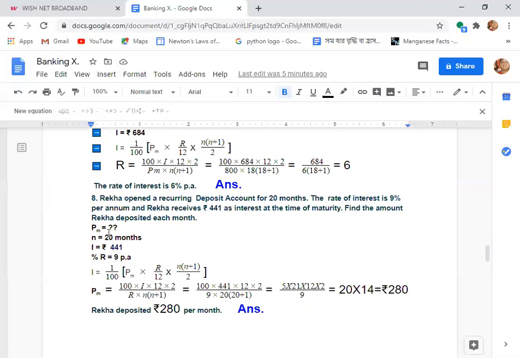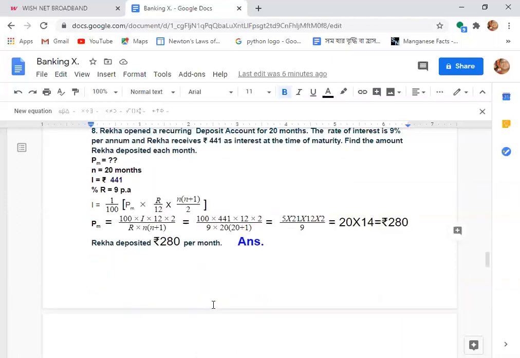So that will be the question mark. Other things are given: n is 21 months, I is 441, rate of interest 9% per annum. Put it in the I formula and cancel it. We got Rekha deposit as per month installment as 280 rupees per month.